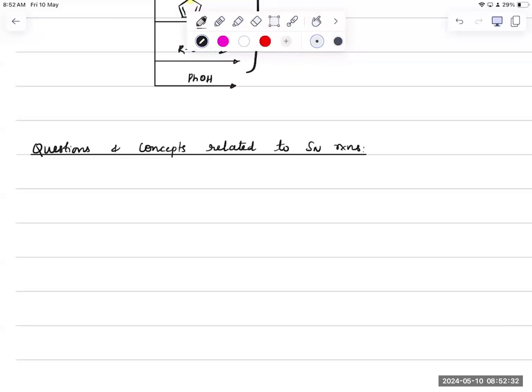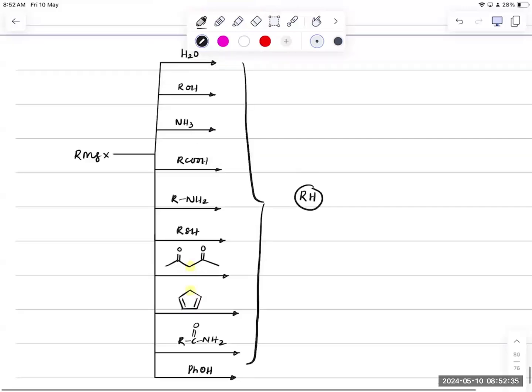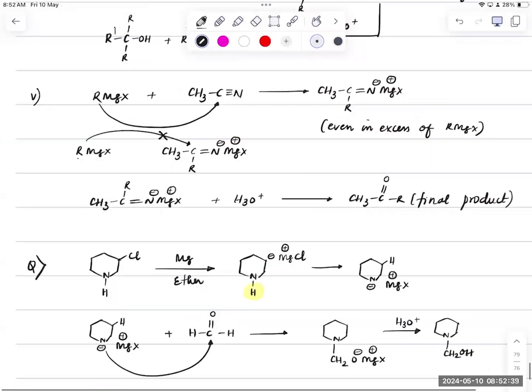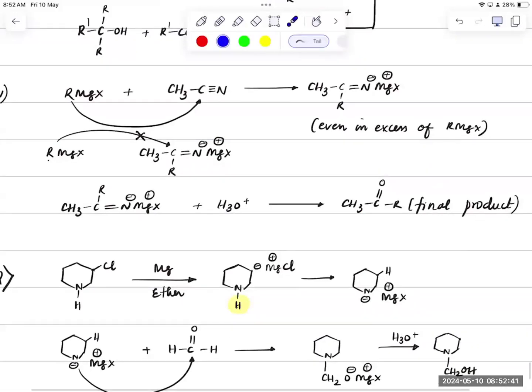Sir, can you once tell the cyanide case? Okay, check. In case of cyanide, first R has attacked here. So the pi bond from this will migrate onto nitrogen. So we'll get N minus MgX plus R will come. Now, when the second mole is trying to come, since nitrogen already has negative charge, it will not accept one more pi bond onto it.